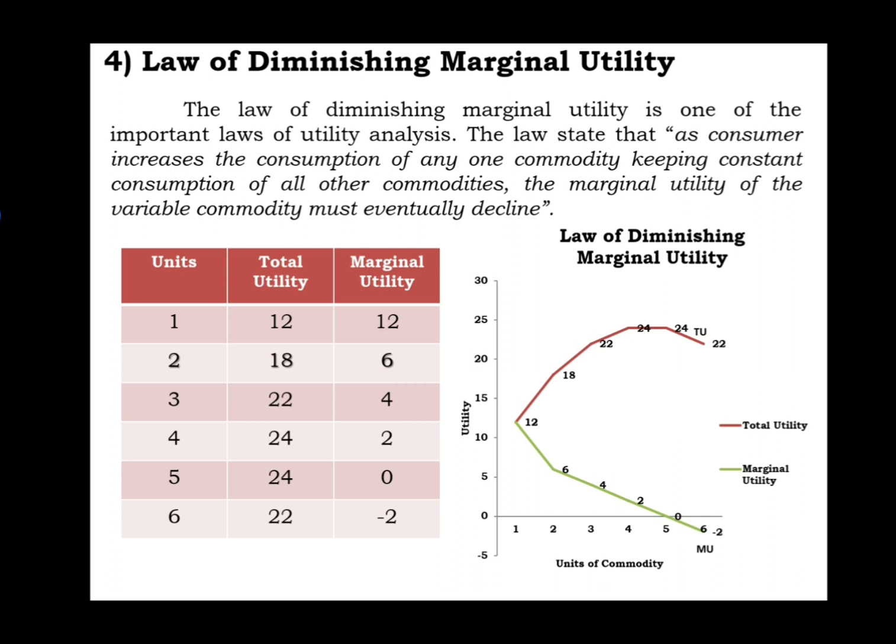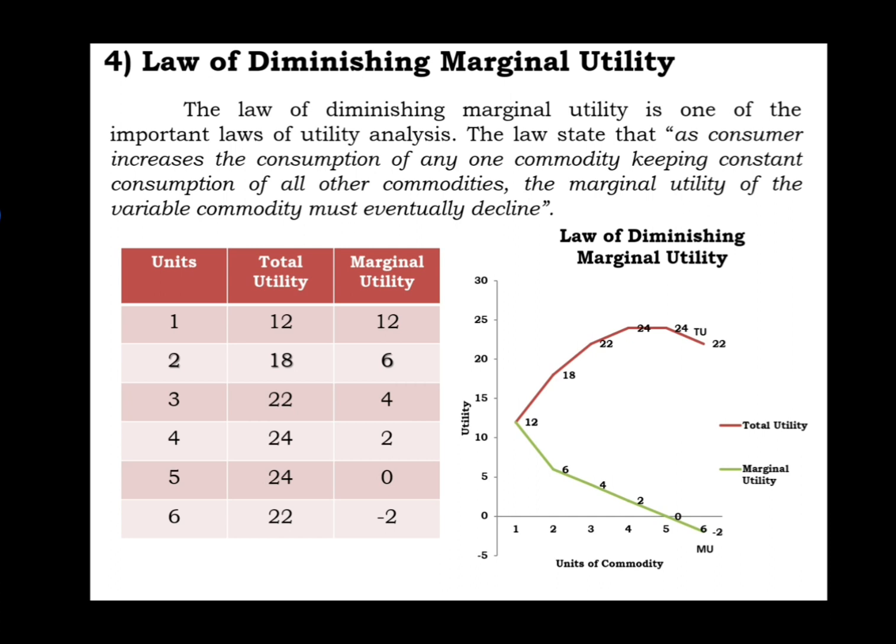If we see the schedule, the marginal utility is 12 at the first unit, 6 at the second unit, 4 at the third unit, 2 at the fourth, 0 at the fifth, and -2 at the sixth. If we see the schedule there, we can easily understand.